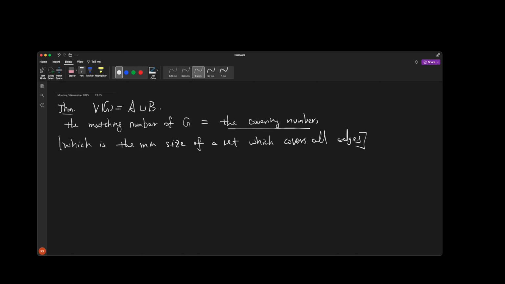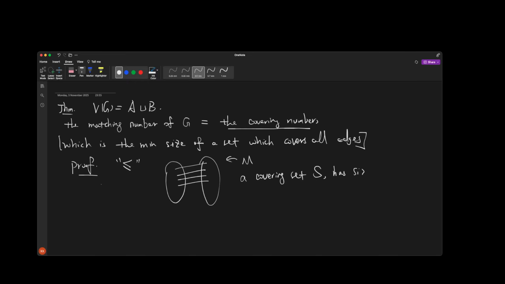So first we see this direction. If we have any matching, I think it's clear that if I take any matching M here and a covering set S, it has size at least R, for example. Any vertex set with size strictly smaller than R cannot cover this matching.